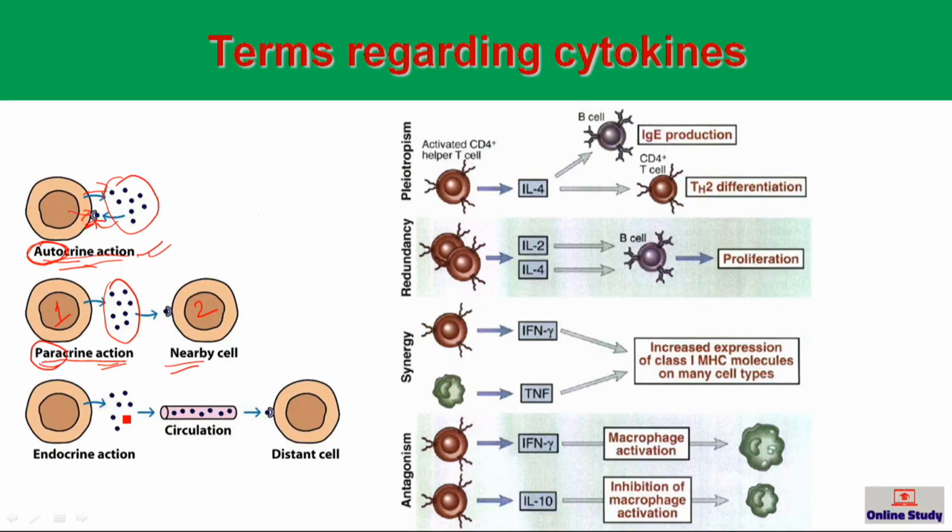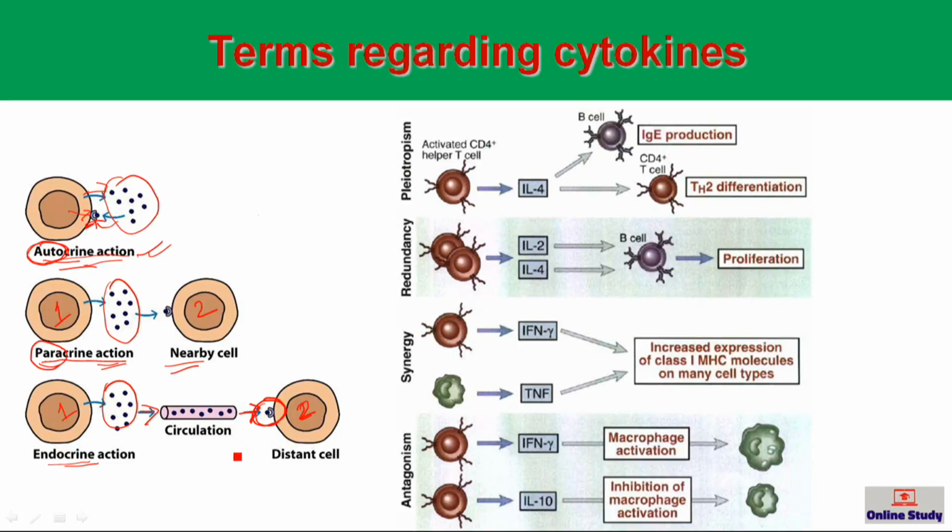The third type of action is called the endocrine action, because in our body some cell produces the cytokine and this cytokine goes through the circulation, like the blood and lymphatic vessels, and acts on or binds to the cells that are very distant from the cells that produce the cytokine.